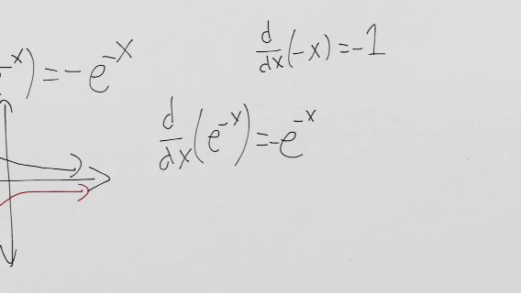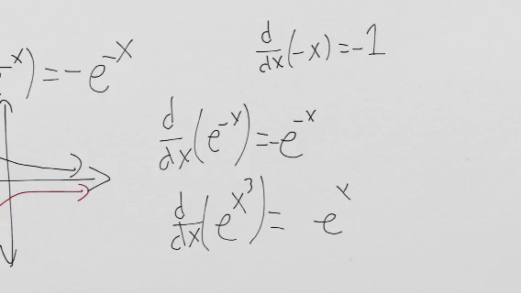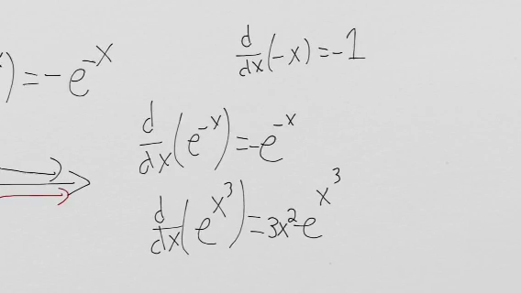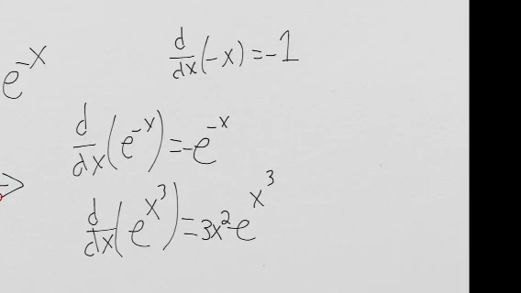For another example, let's do d dx of e to the x cubed. Well, the derivative of e to the blah is e to the blah multiplied by the derivative of blah. What's the derivative of x cubed? It's 3x squared. Okay, now we're really cruising. What about the derivative of natural log of sine x?